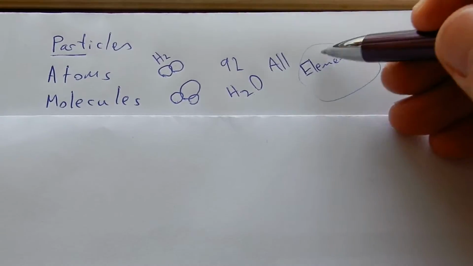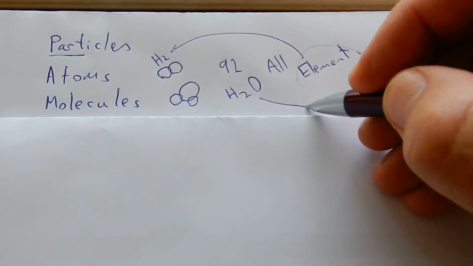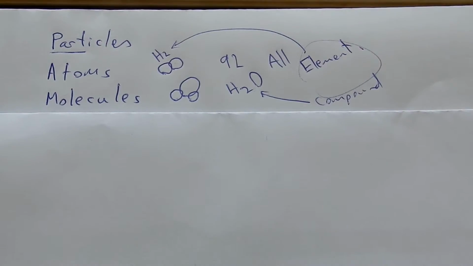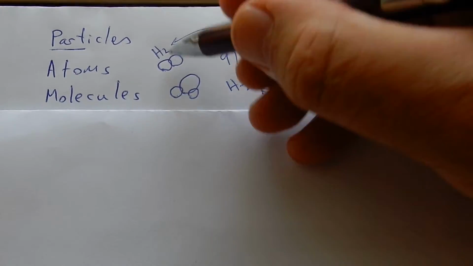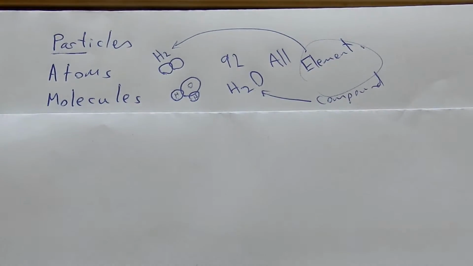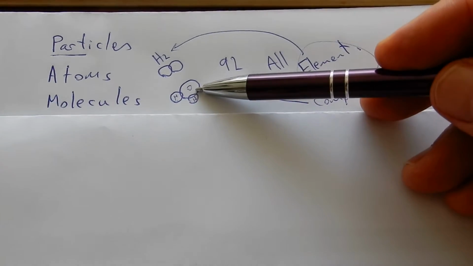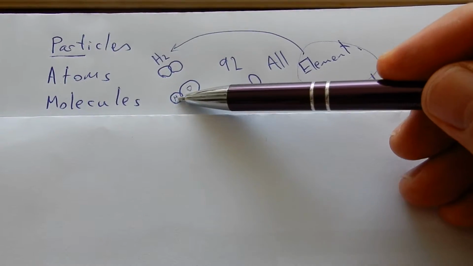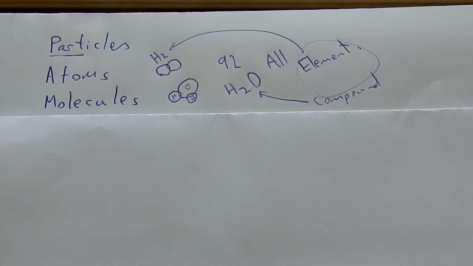That's still an element, and that's a compound. But they're both particles. This oxygen and two hydrogens looks a bit like a Mickey Mouse upside down. That is a very, very small particle, a molecule, because it's got two or more atoms involved.